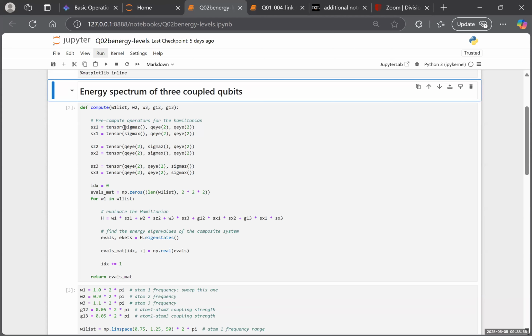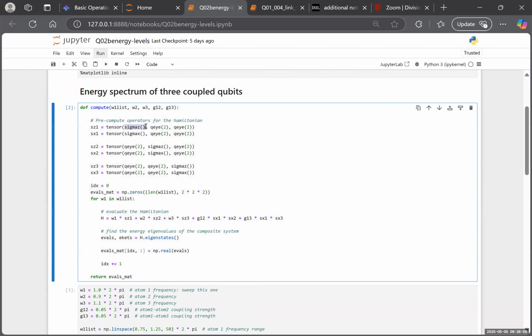And yeah, you just do the tensor. This is Z1, right? Identity I2, I3. And this X1, I2, I3. Right, and then this Z2, X2, Z3, X3. Okay.